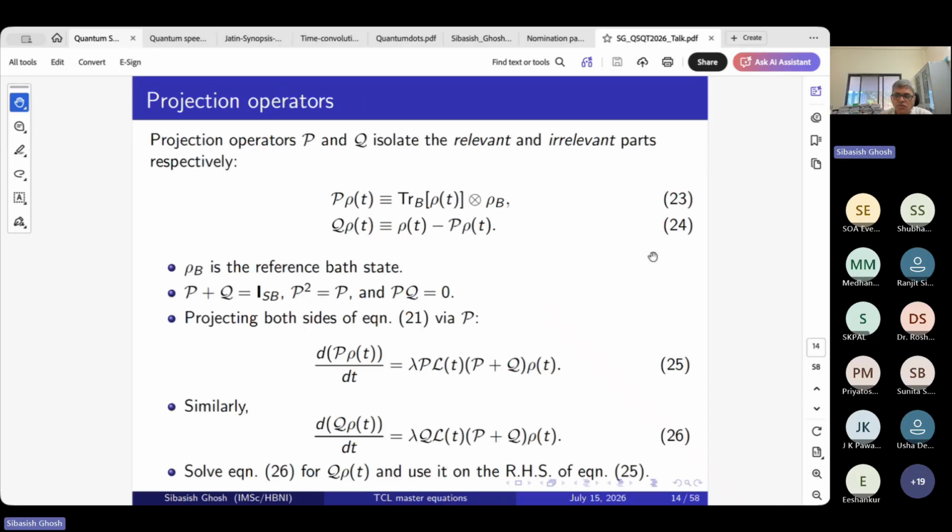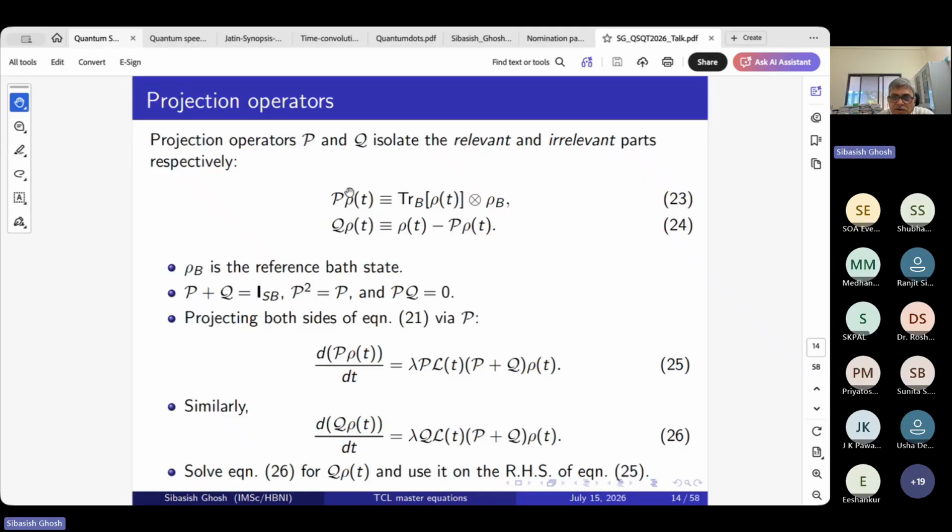Now, instead of taking the Born approximation, you consider a projection. P is a projection operator, which when it acts on the joint state of system and bath at time t, gives rise to the state of the system at time t, tensor product the fixed state of the bath, the initial state of the bath. This is something like the Born approximation, although not exactly.